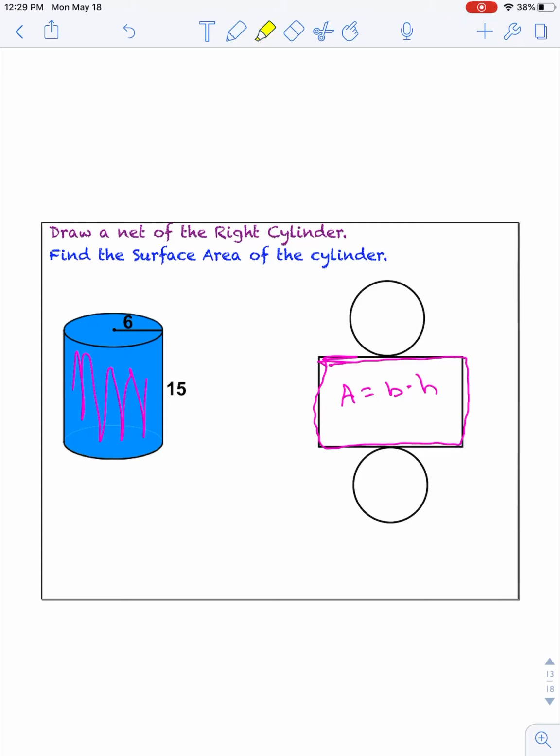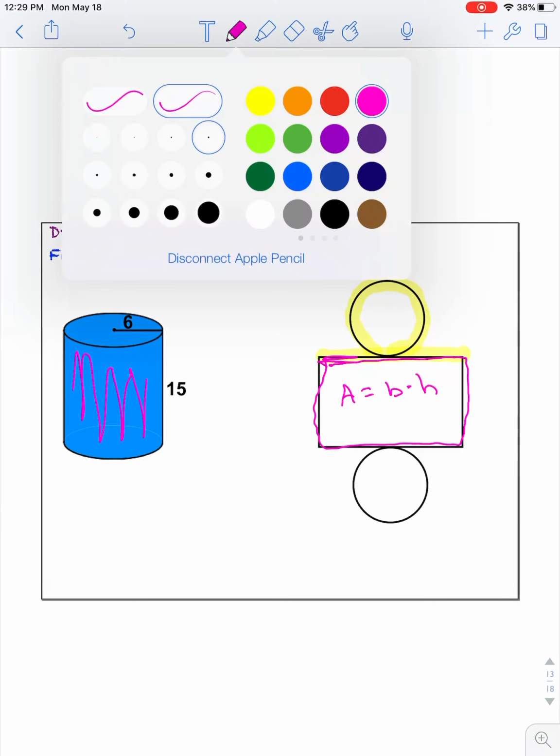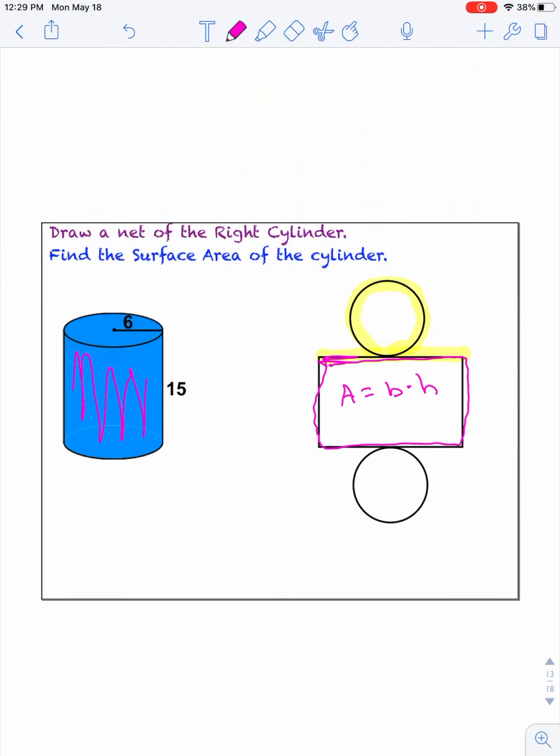Well, this base right here is really from this. And what is that? That's the circumference. So that base right there is your circumference. So the area of the rectangle is the circumference times the height, which in this case would be 15.